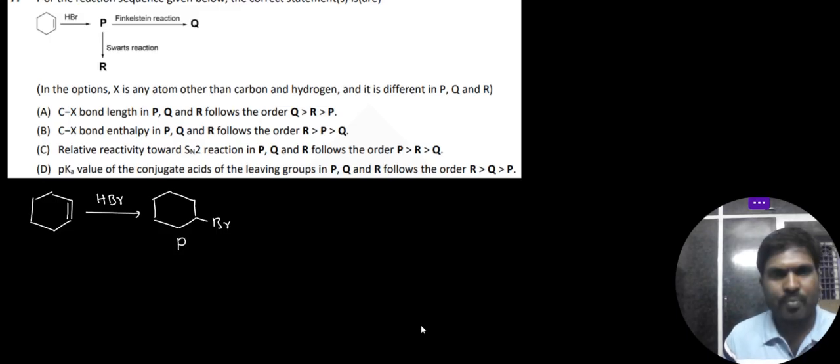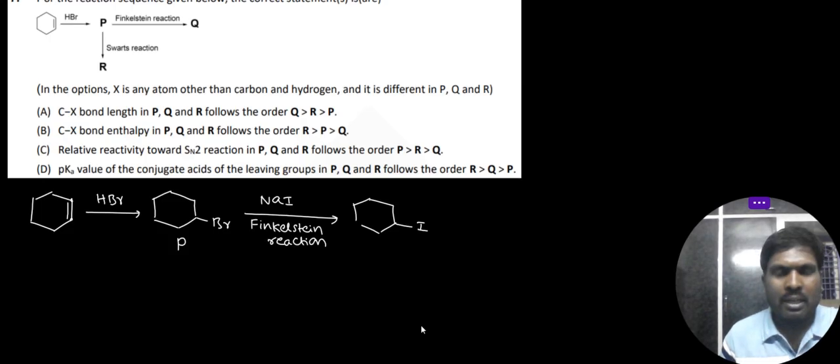This is P. Cyclohexene follows an electrophilic addition mechanism with HBr. Here H plus can add and bromine can add anywhere, H plus and Br minus, because it is a symmetrical alkene. Bromocyclohexane is formed.